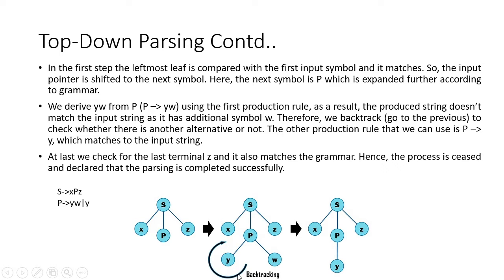That's why this arrow is given back. Backtrack to P again, and see in the grammar if there is any other production of P. There is another production, P derives Y. So instead of this, we can go for P derives Y. Now there is a match for Y, so we have X, Y. Then we go for the next one, that is Z. So the tree is parsed.